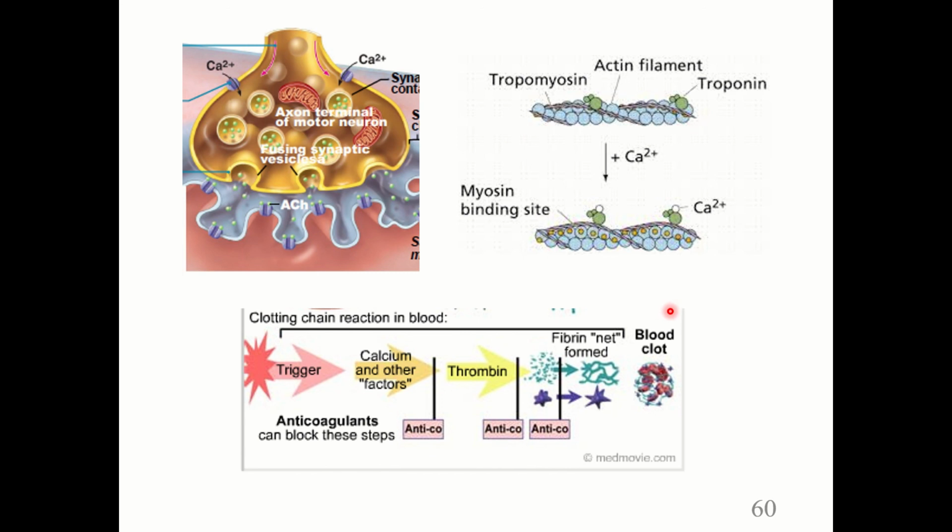And then when you go into your next class, you'll see the formation of a blood clot. So this is the calcium and other factors that are triggered, and they are going to release thrombin, which is a hormone that will then help form the fibrin net and a blood clot.